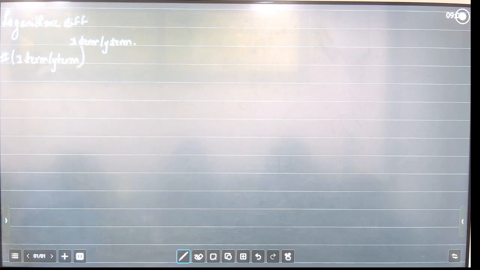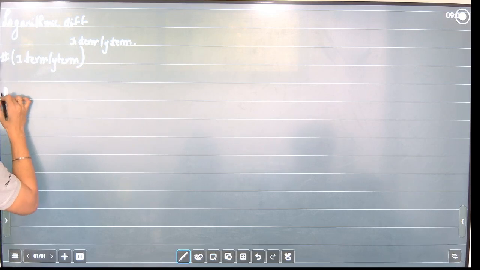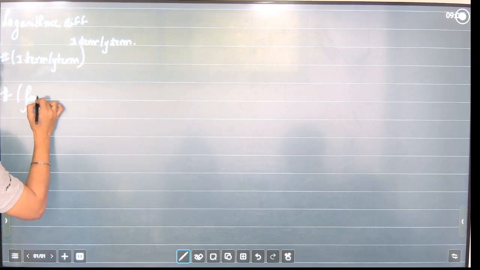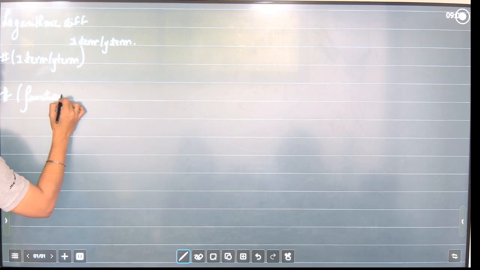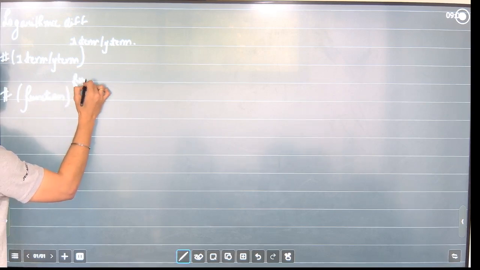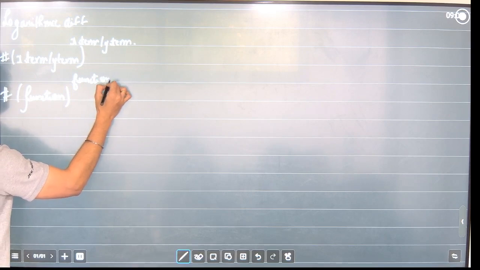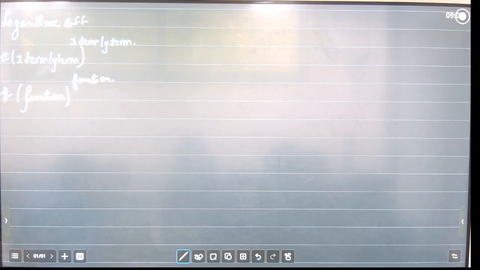The basic understanding is that it is a function raised to a function. So whenever we have an x term raised to an x term or y term, or a y term raised to an x term or y term, we have a function raised to a function. In other words, we use logarithmic differentiation.